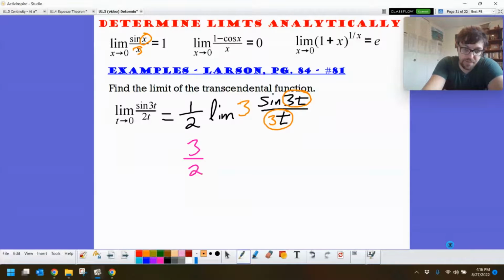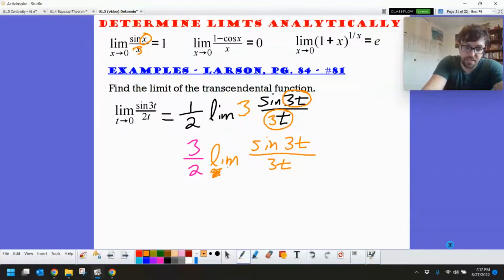So now I've got a 3 halves. And now this is the limit of sine of 3t over 3t, and this is the limit as, wait, nope, t is approaching 0. Now it's still not quite matching because I still have those 3s.